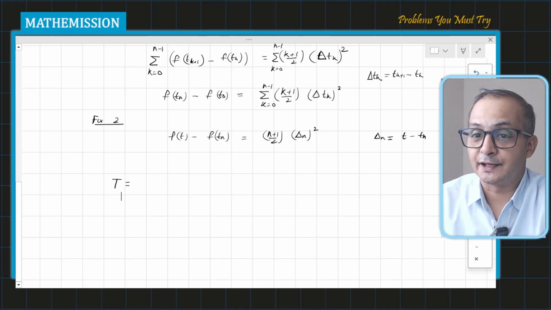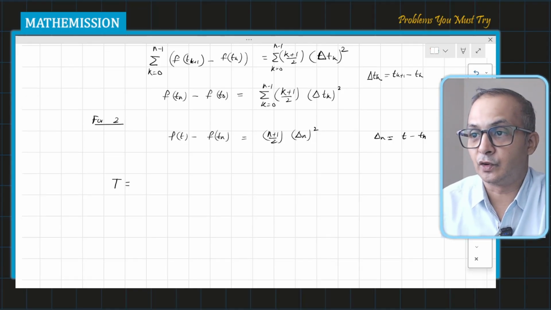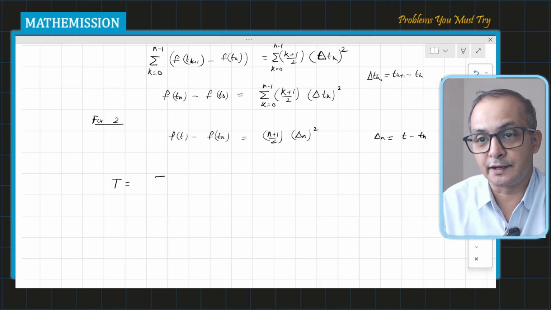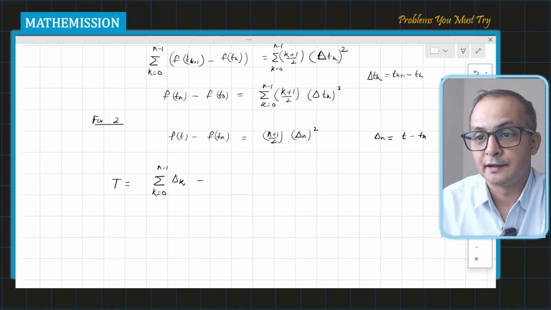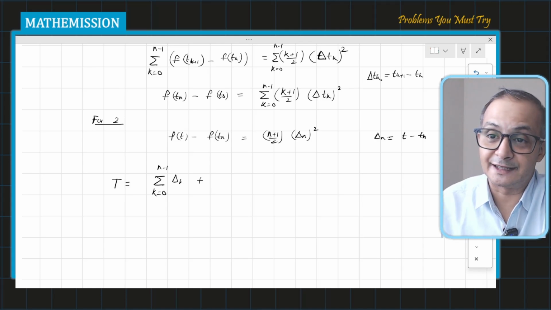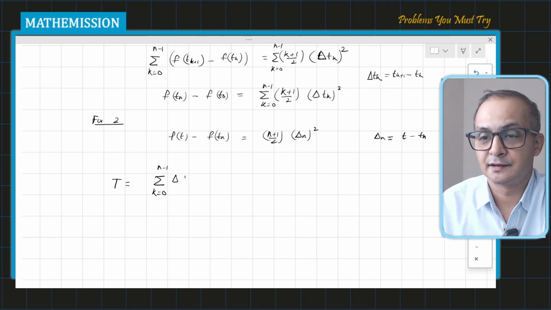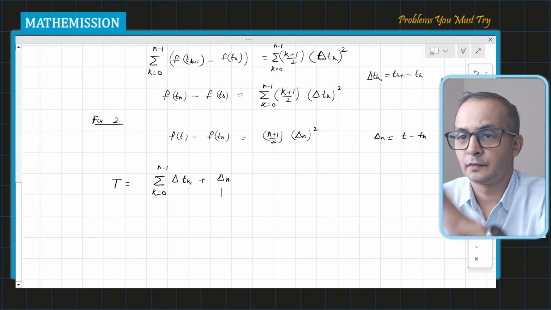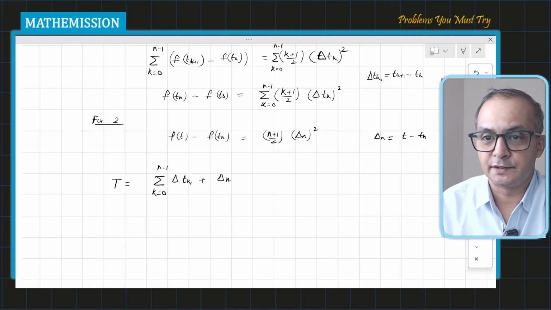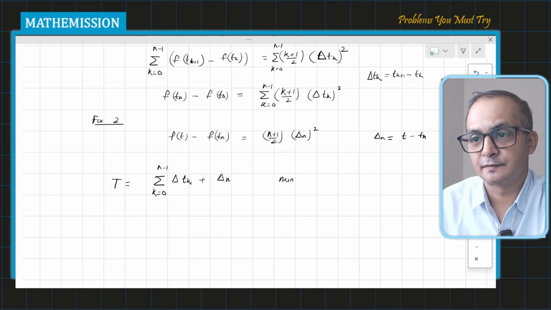So the T is nothing but all those gaps: k goes from 0 to n minus 1, the sum of all these delta tk, plus this delta n. This is the meaning of the T, and this we have to minimize.